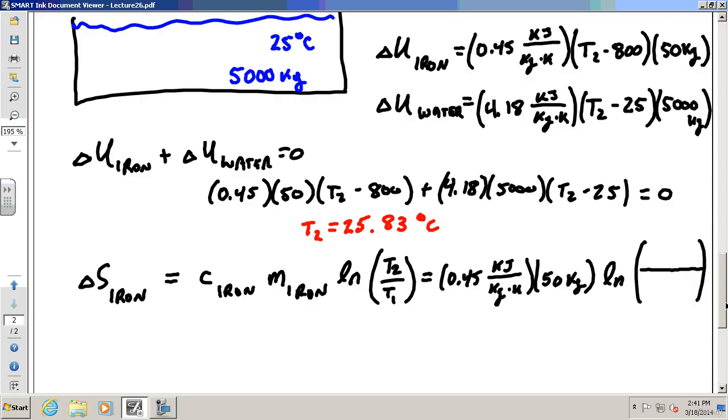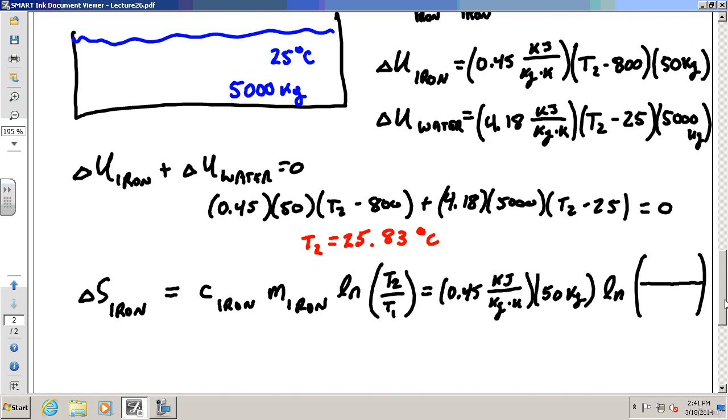So we're going to have to take both those temperatures. Let's do the final temperature. The final temperature there is 25.83 degrees. If you do 25.83 plus 273.15, that converts it to Kelvin. You get an actual T2 of 298.98.